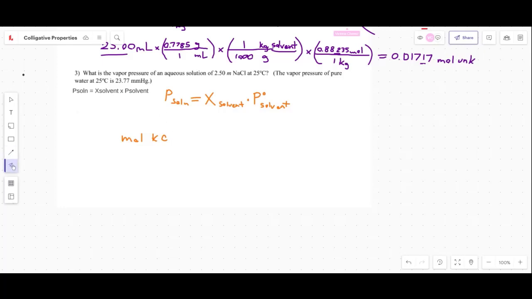I'm sorry, no, that's good. Moles of NaCl is equal to, the problem tells me that it's 2.50 NaCl.